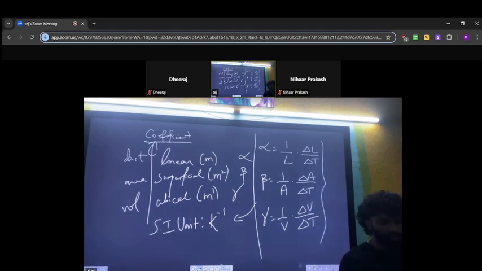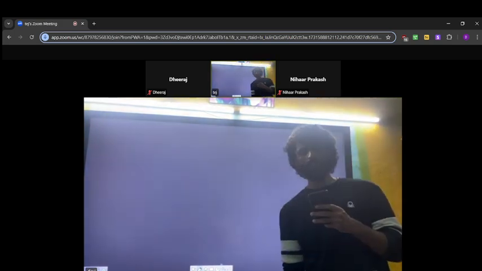Next heading: relation between alpha and beta. Got it? Now, I'll take the first 2 points. Start writing. First point: initial area.